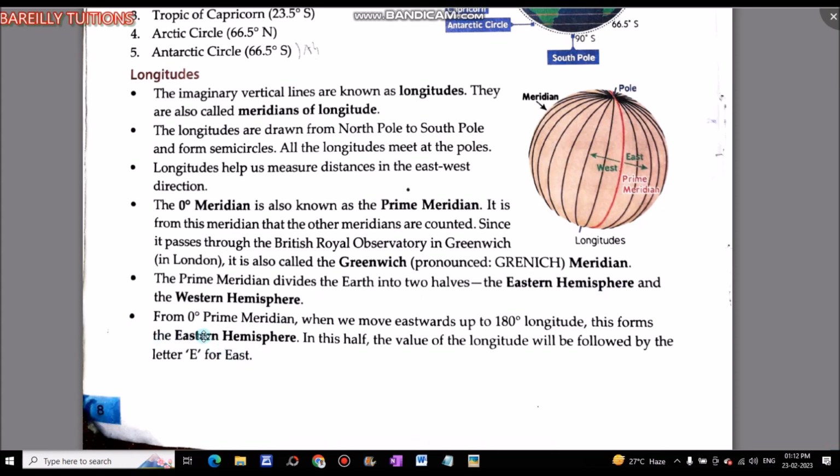From the 0-degree prime meridian, when we move eastward up to 180-degree longitude, this forms the eastern hemisphere. In this half, the value of the longitude will be followed by the letter E for east.